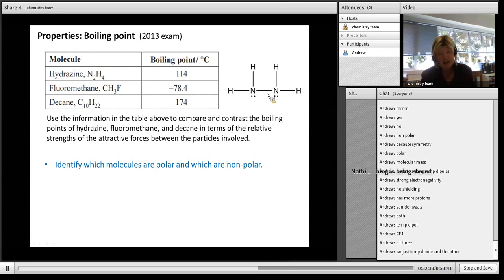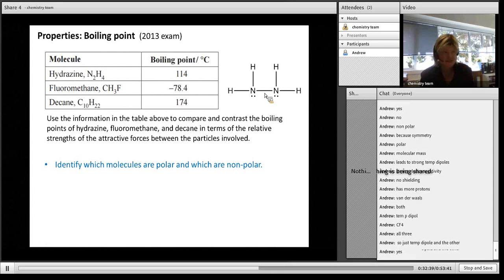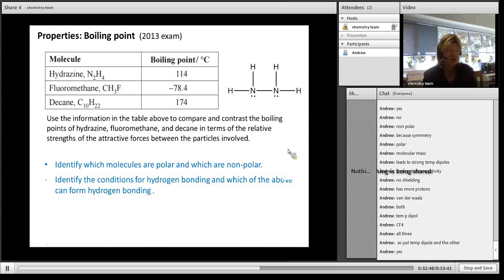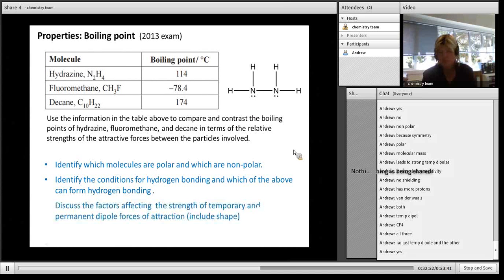Will hydrazine have hydrogen bonding? Yes, because we have got a hydrogen covalently bonded to a nitrogen. Okay, so we first work out which ones are polar and which ones are non-polar, which ones can have hydrogen bonding, and then you discuss. So you look at mass, size, shape, all those sort of things.